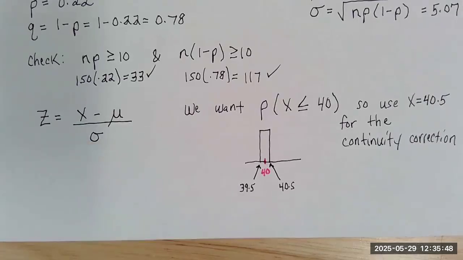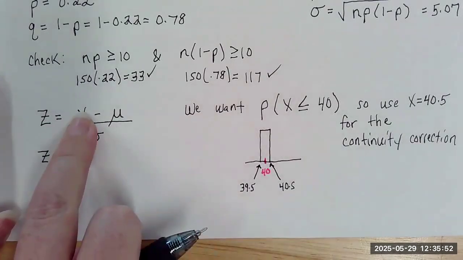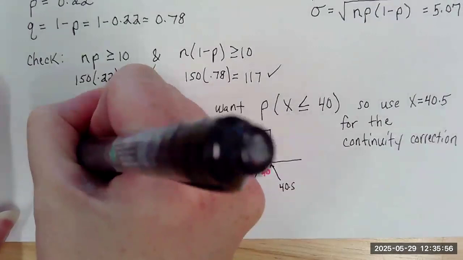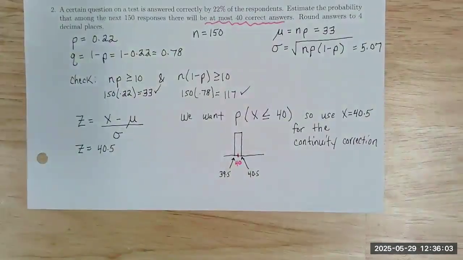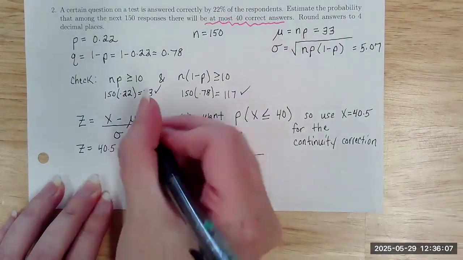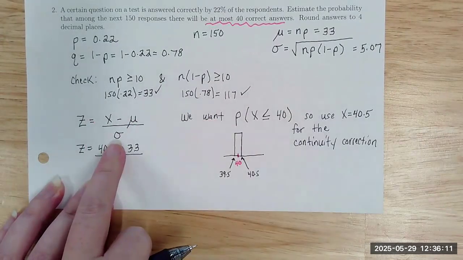So I'm coming back over to the z. And for the x, instead of using 40, we're going to use 40.5. And then we're going to subtract the mu. We said the mu was 33. And we're going to divide by the sigma.